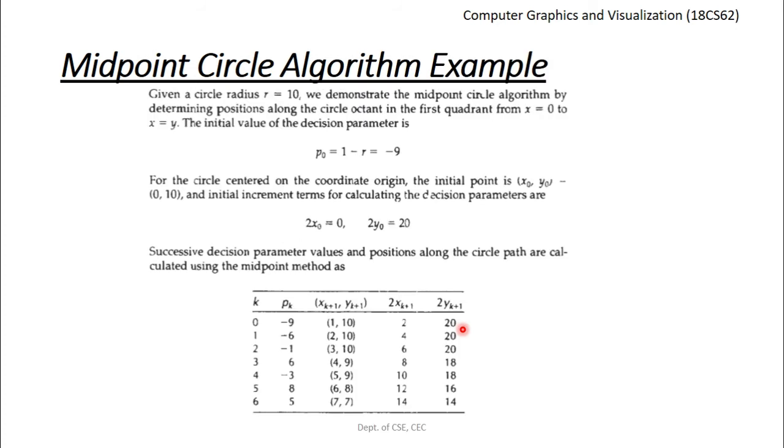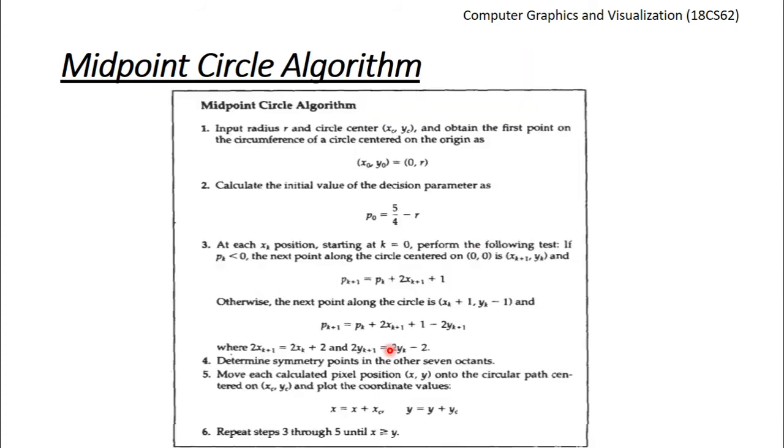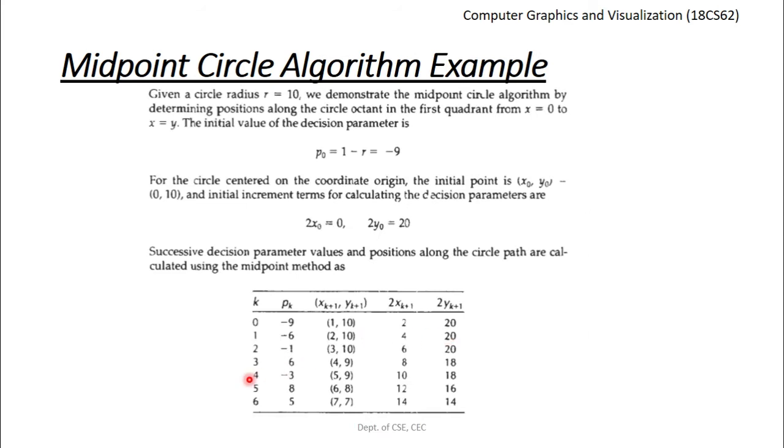Just substitute the values from this particular table. So the value of P4 will be minus 3.